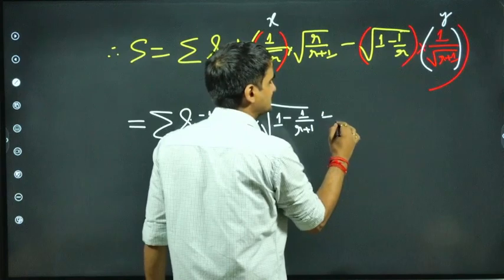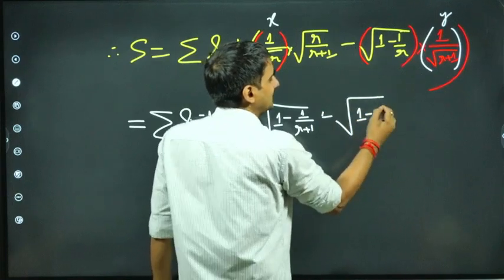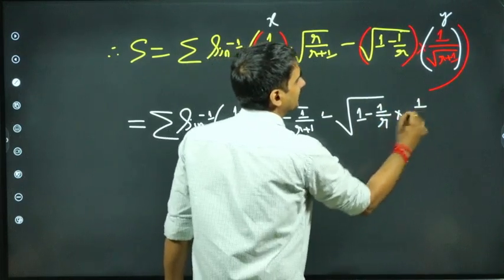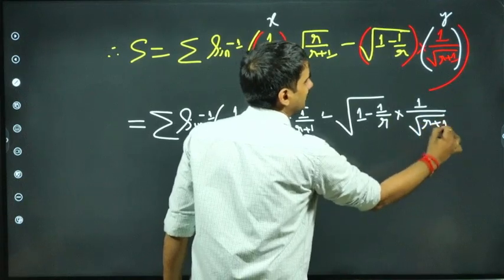Similarly, this is minus under root of 1 minus x square, of course x is 1 by root r, so the square is 1 by r, into 1 upon under root of r plus 1 बच्चों.